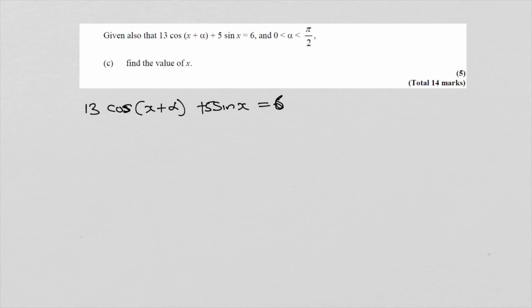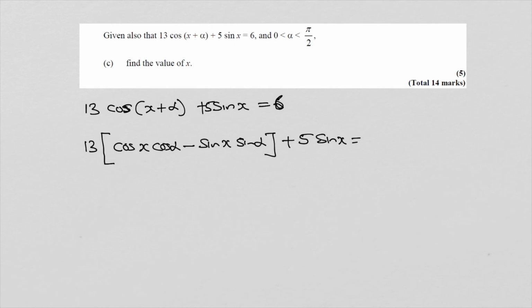So we need to expand the cos of x plus alpha, so that will be 13, open bracket, cos x cos alpha minus sine x sine alpha, plus 5 sine x equals 6.